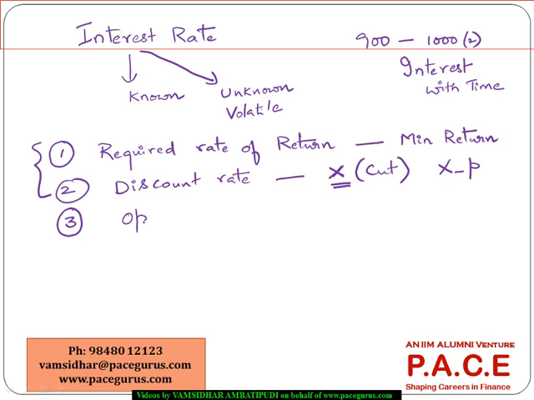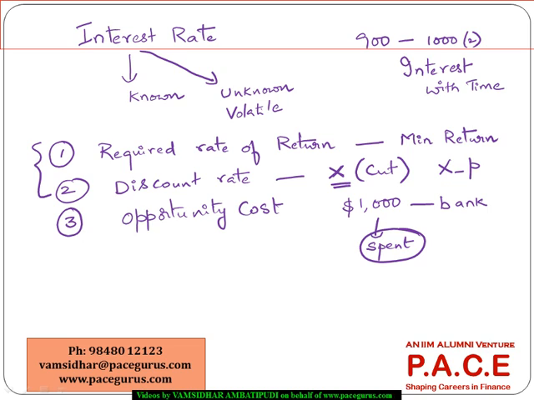And the third dimension I look at interest rate is the opportunity cost. Let's say I'm saving $1,000 I have deposited in a bank, versus I have spent it today.